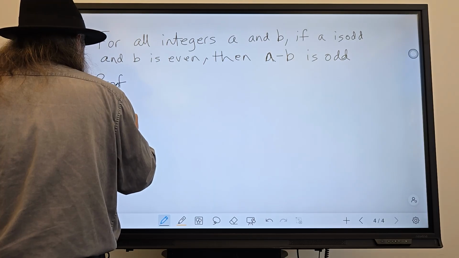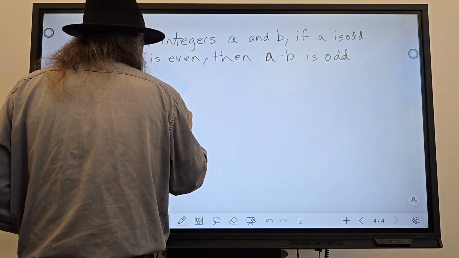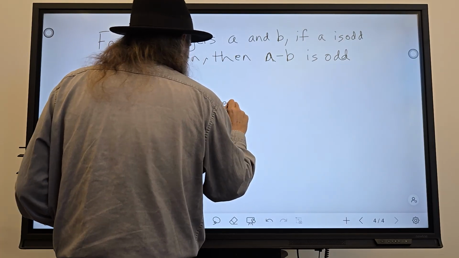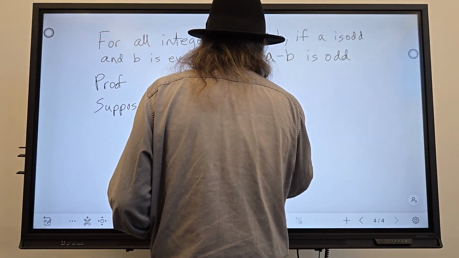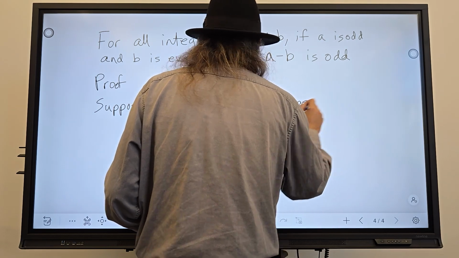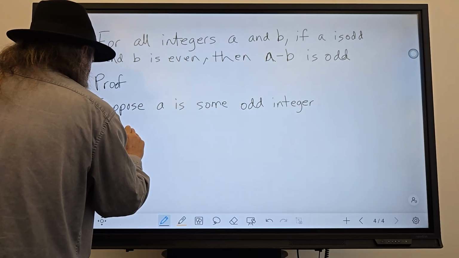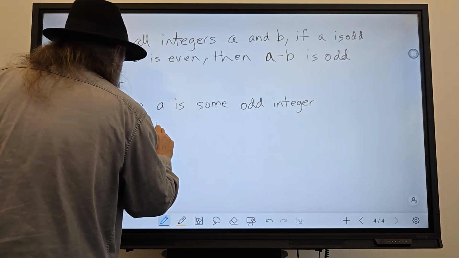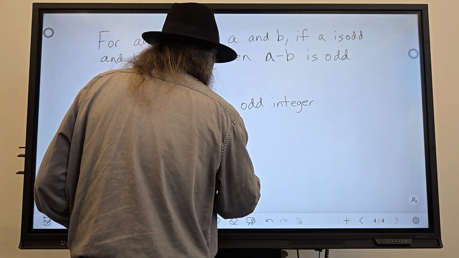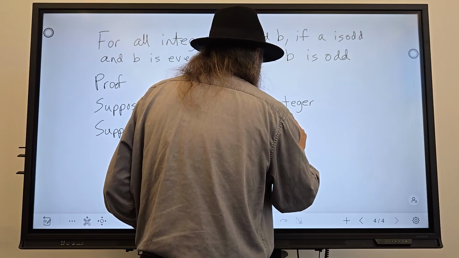Suppose a is some odd integer. Suppose b is some even integer.